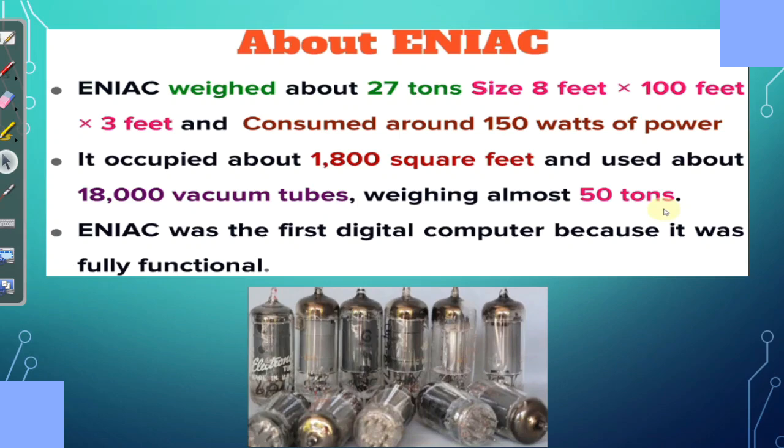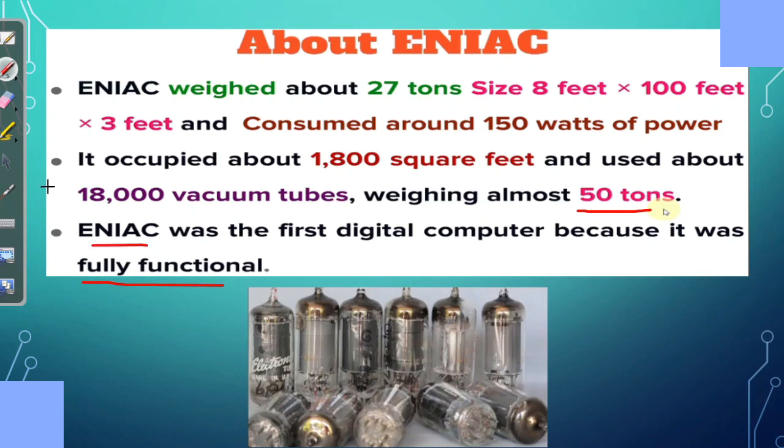It consumed around 150 kilowatts of power, and occupied about 1800 square feet. Just imagine, it used about 18,000 vacuum tubes. Here is the model of one vacuum tube like this. So it weighed almost 50 tons, around the weight of an elephant. ENIAC was the first digital computer because it was fully functional.